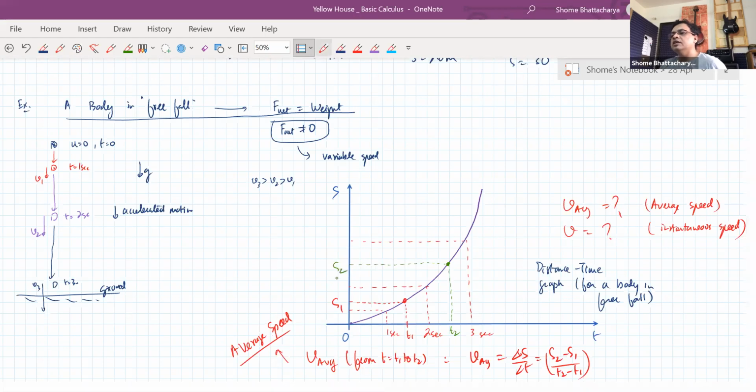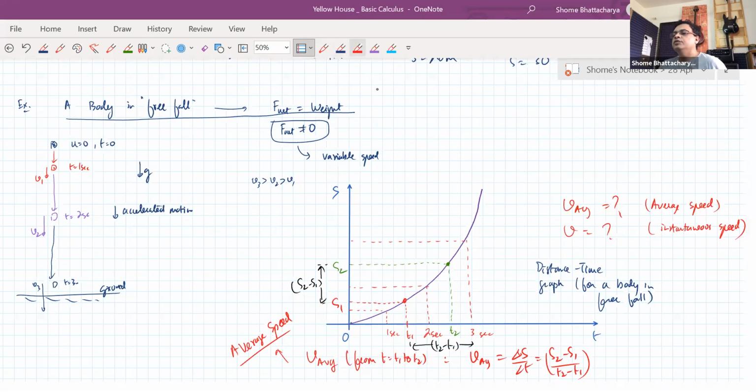Okay, so now you can see that in this graph, this value over here is my S2 minus S1. That is the distance covered in this interval of time, which is T2 minus T1.